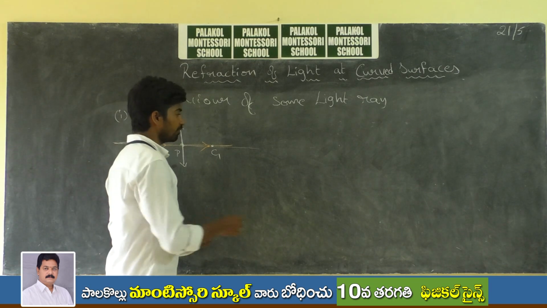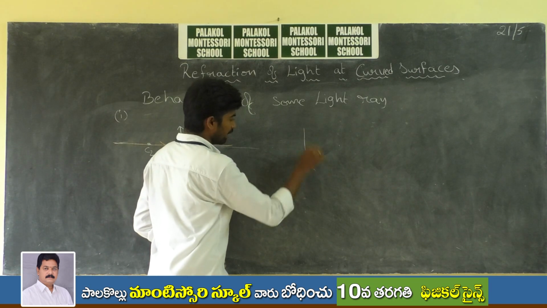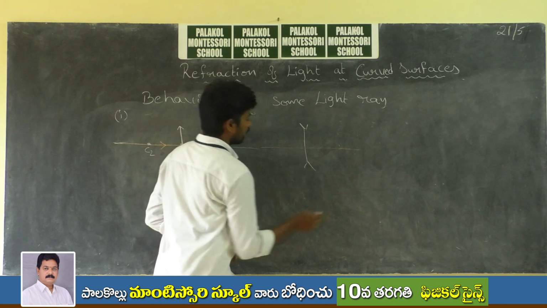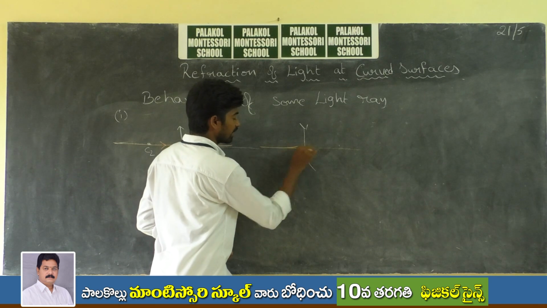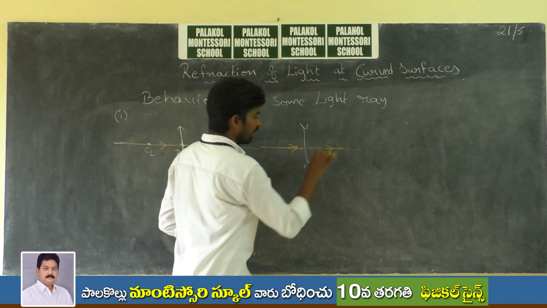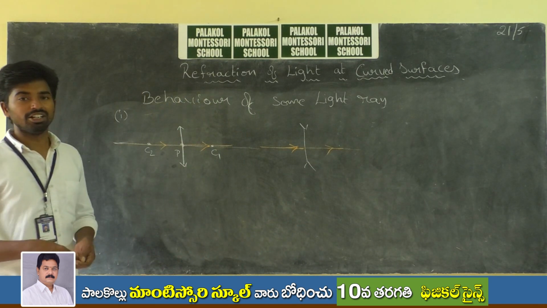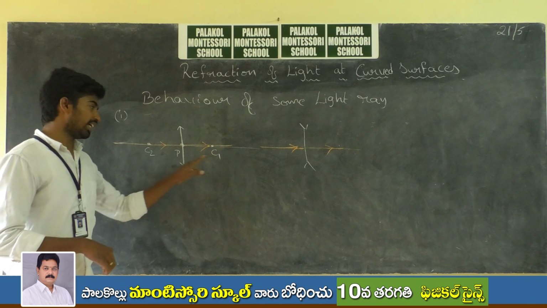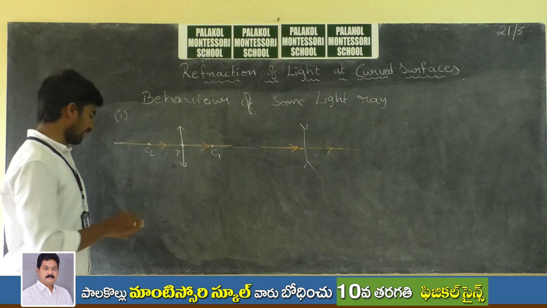Of course, if you consider a concave lens, the light ray along the principal axis will also follow an undeviated path. So when a light ray is traveling along the principal axis, it follows an undeviated path.